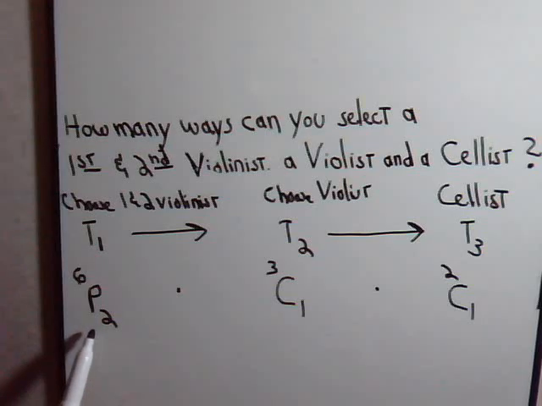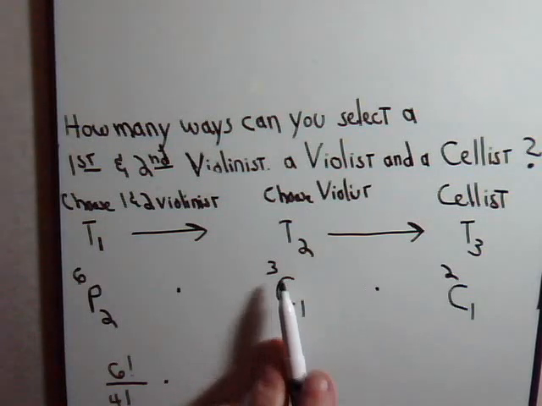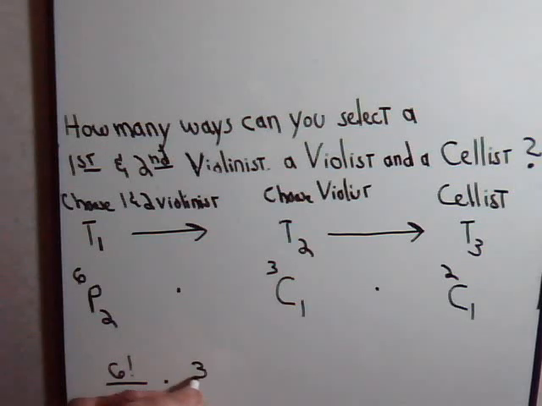Now this, you remember, is equal to 6 factorial divided by 6 minus 2 is 4 factorial times C1, this is 3 factorial, 3 minus 1 is 2 factorial times 1 factorial.